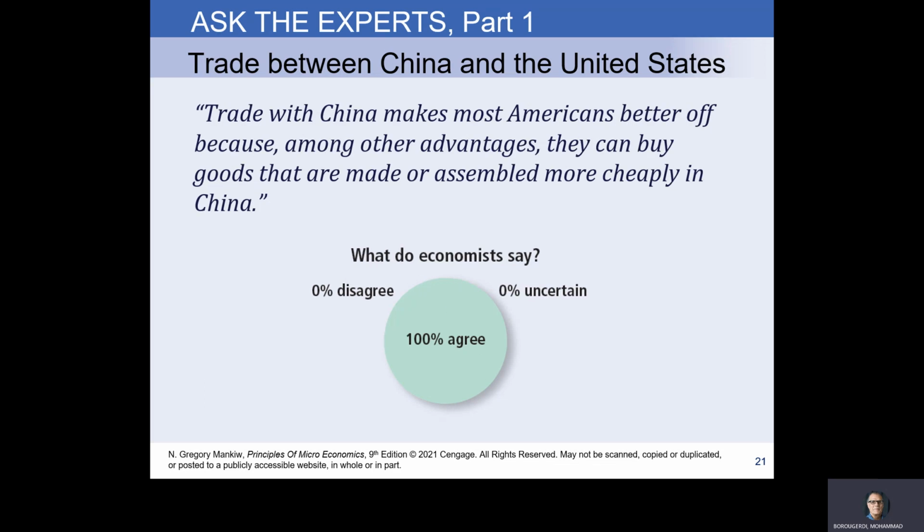This one says if we trade with China, most Americans are better off, because among other advantages, they can buy goods that are made or assembled more cheaply in China. 100% of economists agree on that one. It says most Americans, not all Americans, are better off when we trade with China.